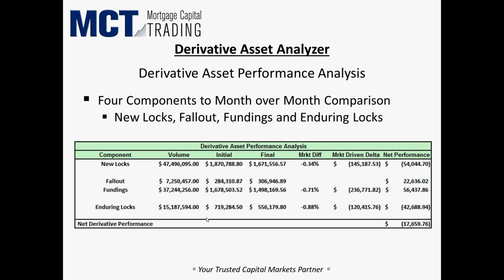So our market-driven delta, we would have expected to lose $145,000 of that for that population of loans. We actually lost 199, so our net performance in this case is going to be negative 54,000. So we did have a hit. You can see negative 54,000 on 47 million, we're looking at about 11 basis points.